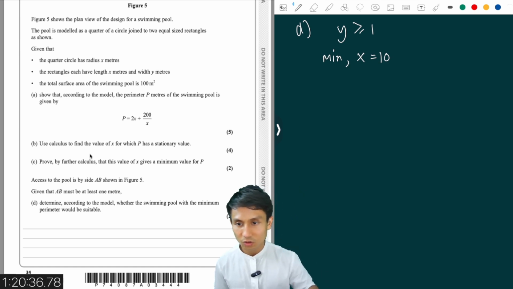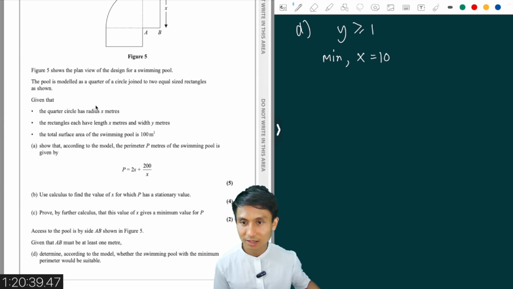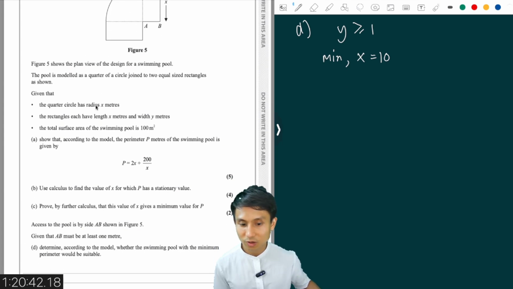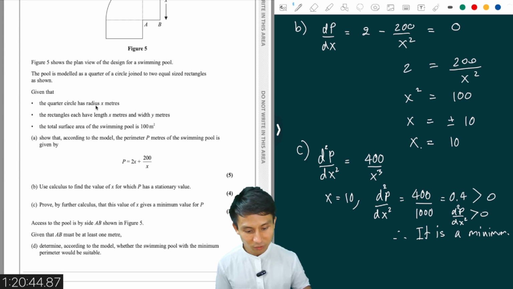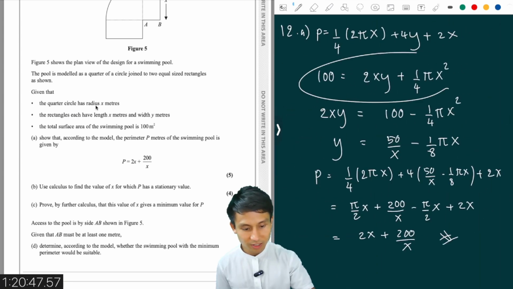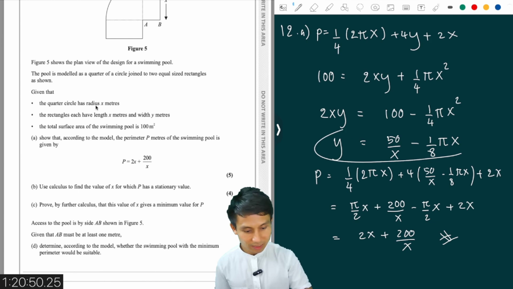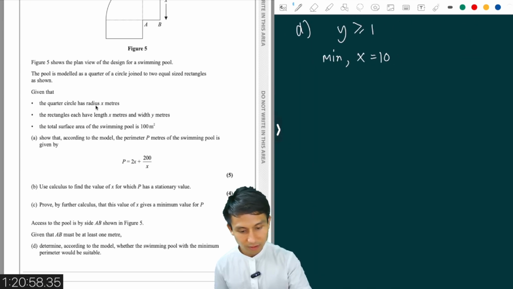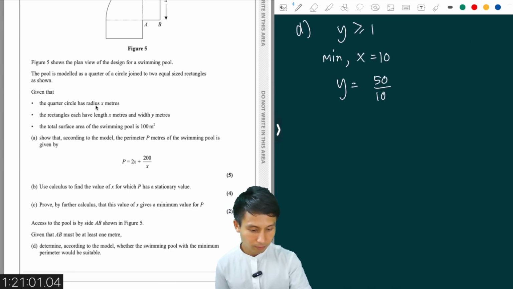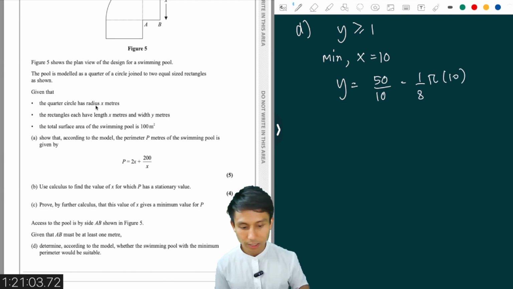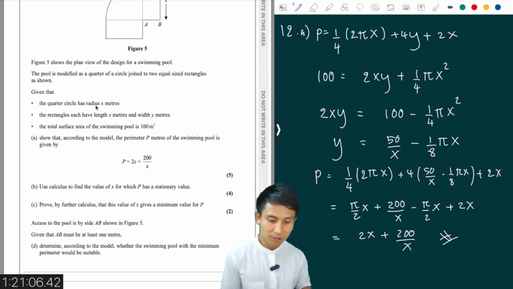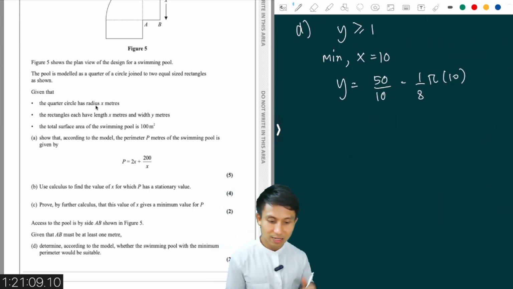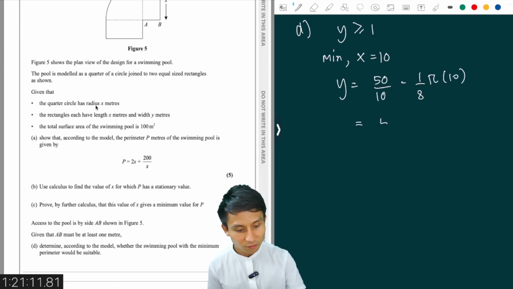Yeah. So if x equals 10, what is y? Well, we just have to take the equation between x and y. What did we get now? Okay, it's this guy here, right? So we can take this one. So that's 50 over x minus 1/8 pi x. Yeah, let me check. 50 over x minus 1/8 pi x. 50 over 10 minus 1/8 pi 10. So 5 minus whatever that is.